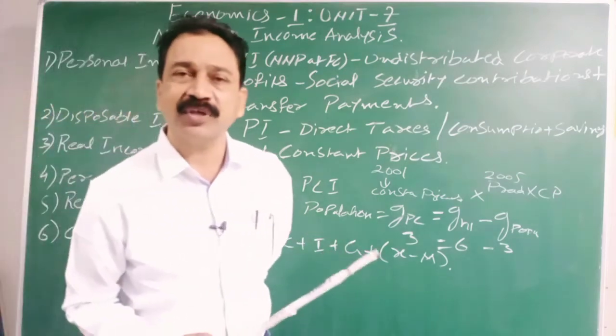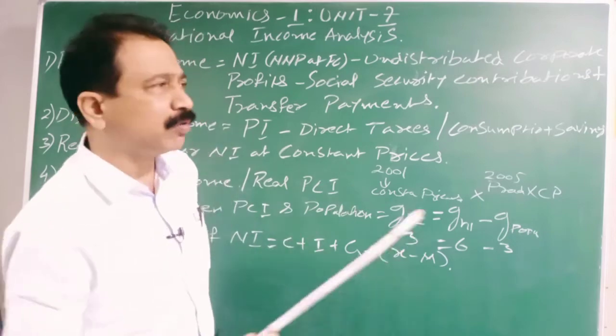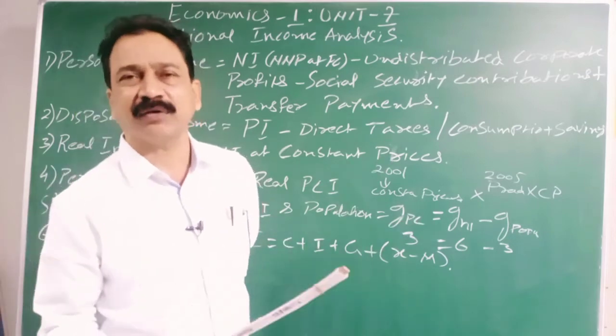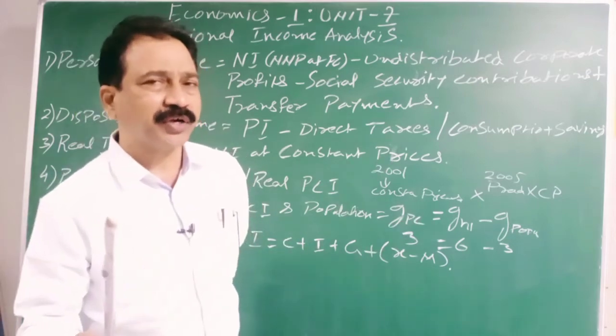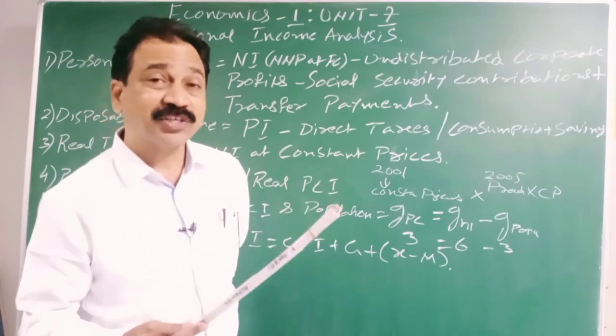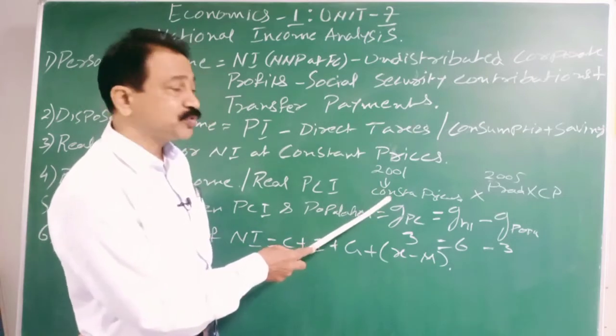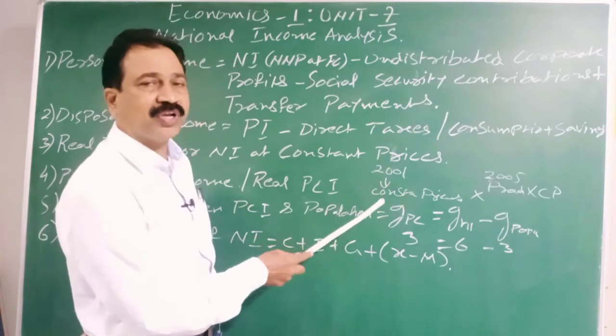Real national income is different from national income, because national income is calculated by market values, market prices, but real national income is calculated by base year prices. So this is more reliable.